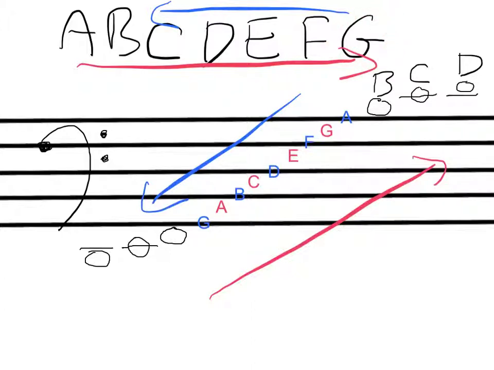Well, F, of course. So I'm going to go ahead and draw an F, and then what letter would come before F? E. And what letter comes before E? D. As you can see, we've figured out the letter names for 3 notes above and 3 notes below the staff.